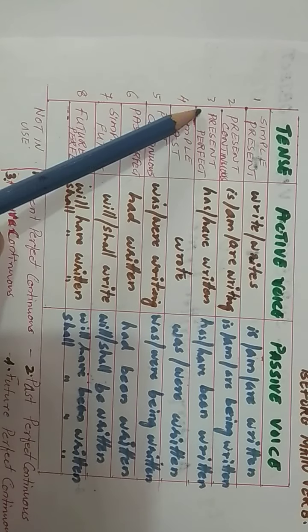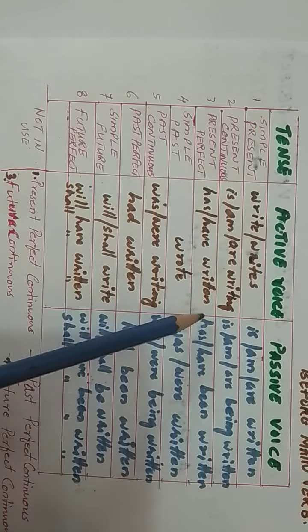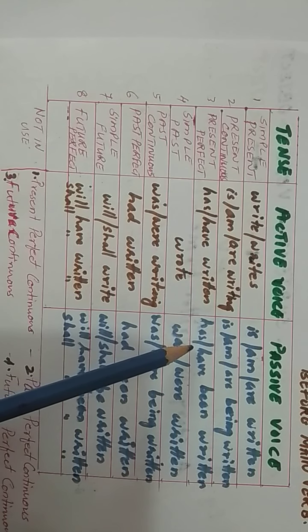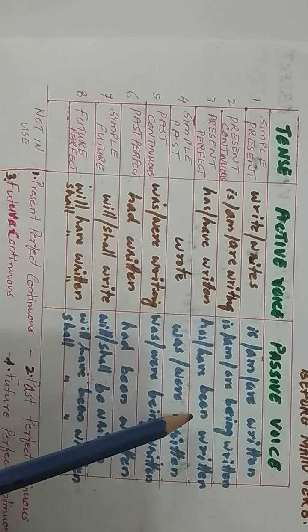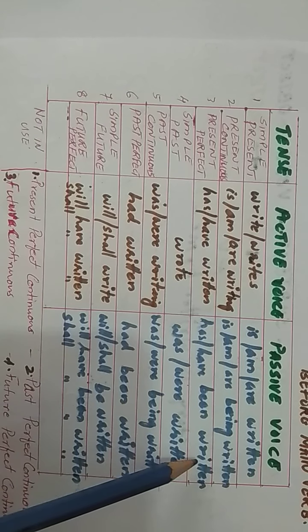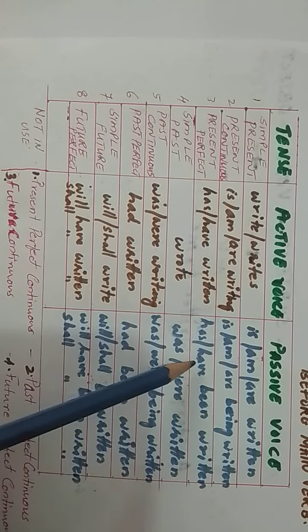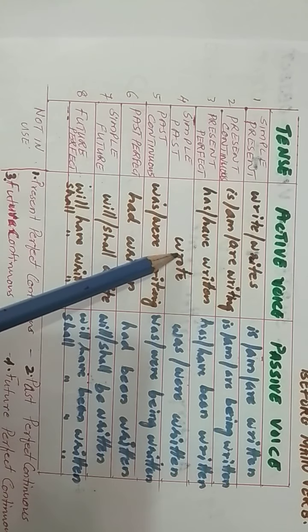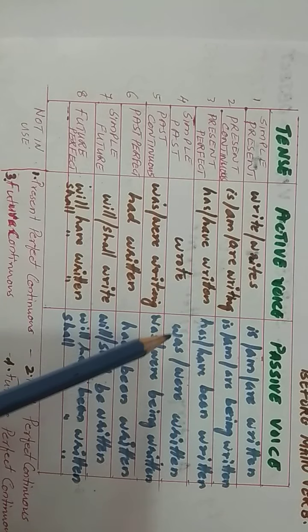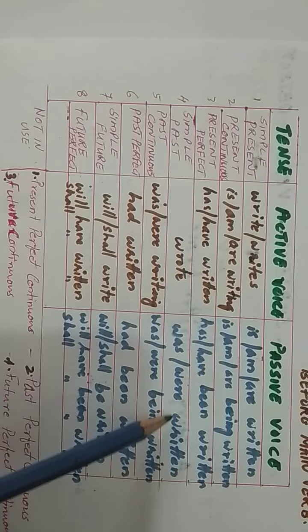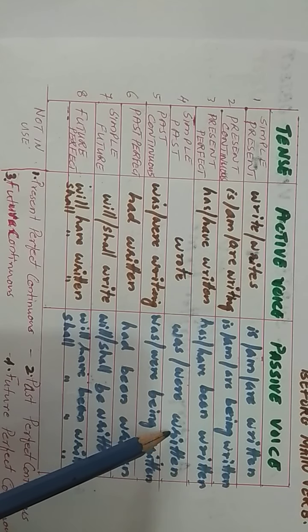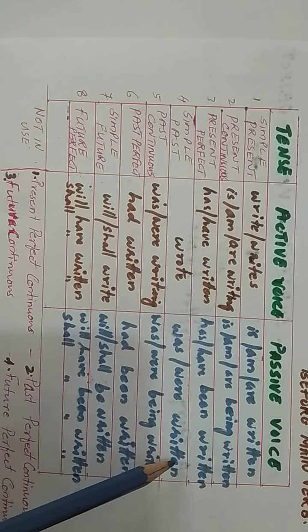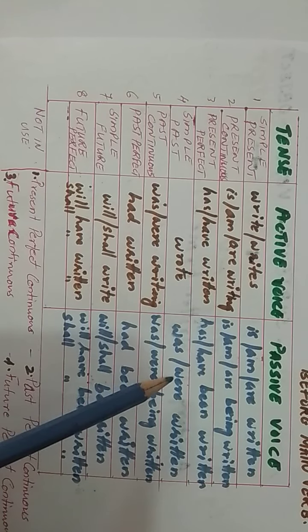In the third case, the present perfect tense, has or have written becomes has been or have been plus the third form of the verb write, that is written. The fourth case, simple past tense, that is the second form of the verb, wrote, is changed into was or were plus the third form of the verb write, that is written.